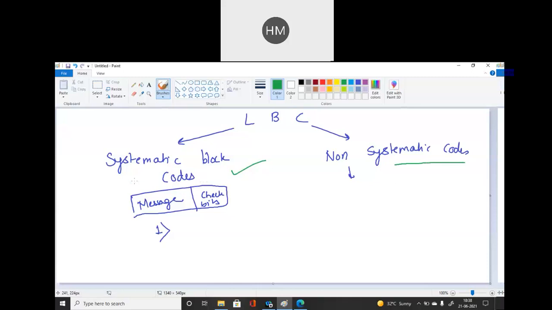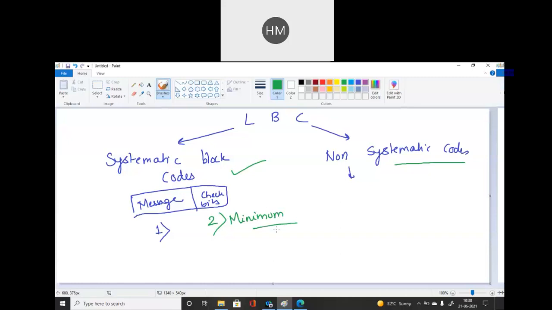So for the first designing step you can write down in your copy: describe LBC in matrix form. Second step, find out the minimum distance of block code, which is very important.